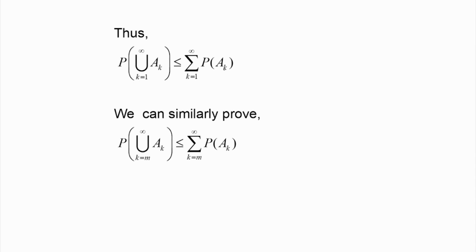The first result is that the probability of the infinite union of any sequence of events is always less than or equal to the infinite sum of the corresponding probability sequence. And the corollary is, if we start from k equal to m, then this inequality is also satisfied.